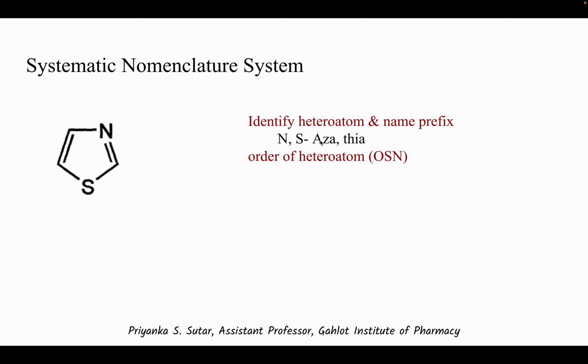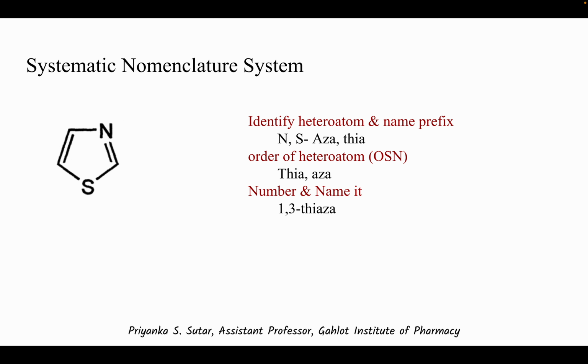So the prefix will be thia, aza. Now you number it: 1, 2, 3. Heteroatoms are present at the first and third positions. So the prefix will be 1,3-thiaza.